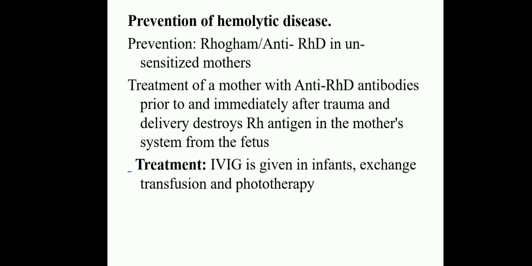The treatment is IVIG immunoglobulins in infants, and exchange transfusion and phototherapy are needed. The anti-D immunoglobulin is given to the mother, not the baby. The immunoglobulins are given to the baby, and then exchange transfusion and phototherapy are needed for the baby. This is the baby treatment.